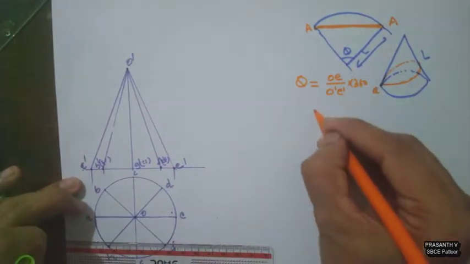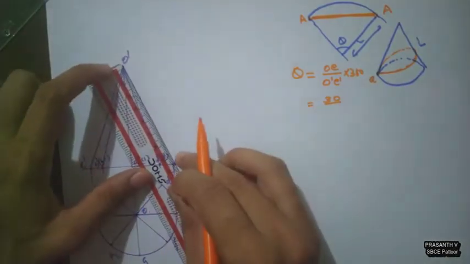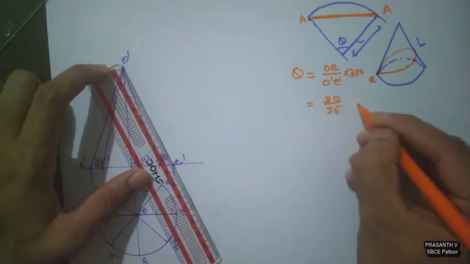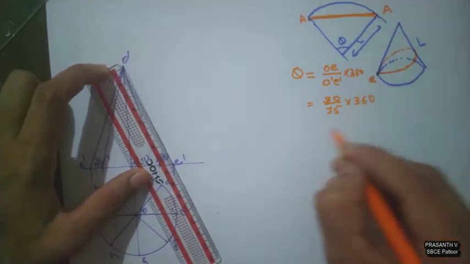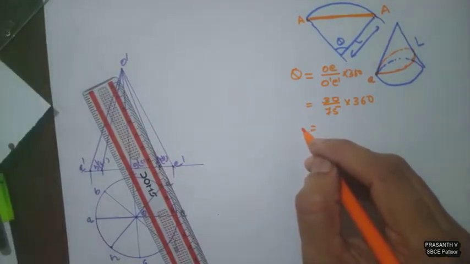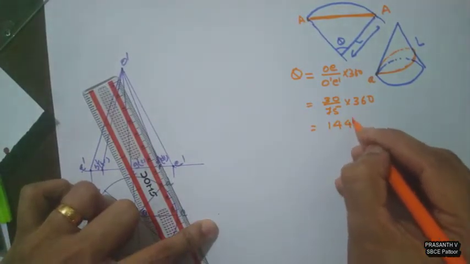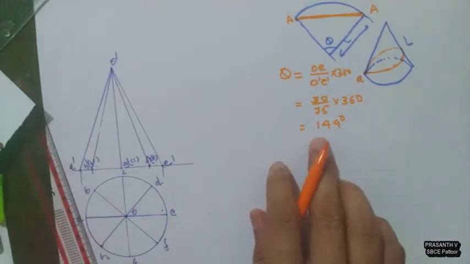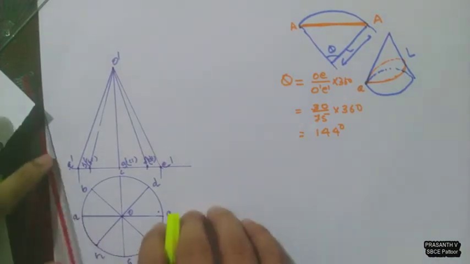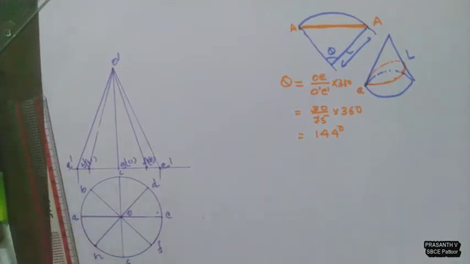As you know, the radius of the circle is 30 mm, so OE is 30 mm, divided by the length of the end generator, here it seems to be 75, into 360. By calculating, this will be around 144 degrees. If you get a fraction by calculating this, just take the nearest value, no problem in doing that.